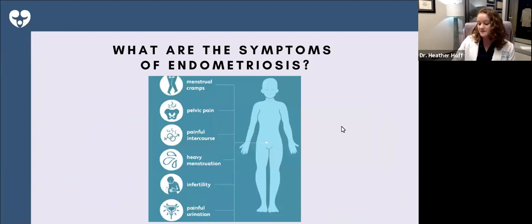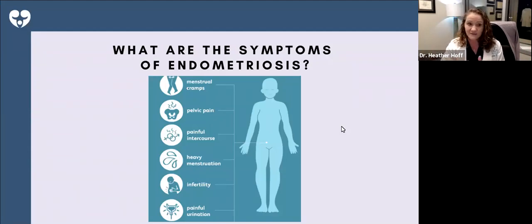As I said, many women with endometriosis don't have any symptoms, but when we're talking about the predominant symptoms, it's often severe menstrual cramping, also known as dysmenorrhea. Many women have cramps with their periods, but women who have endometriosis have very severe cramping. This cramping can begin several days before their period and last several days after their period.